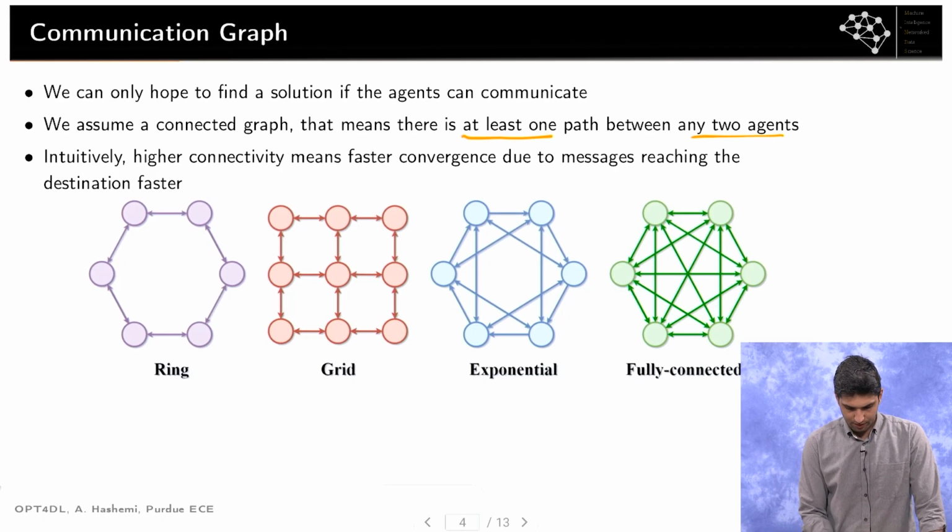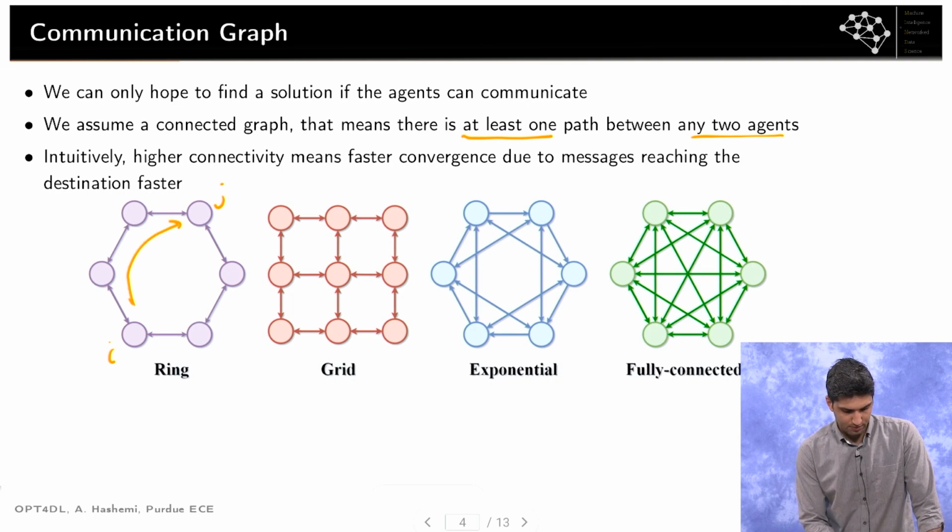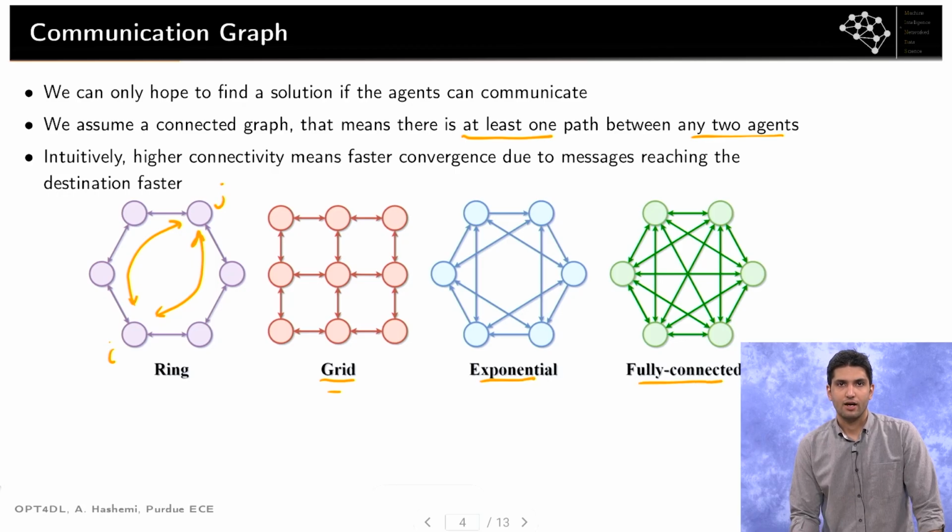All of these graphs that I'm showing here are examples of connected graphs. For instance, in a ring, if this is agent i and this is agent j, they are not directly connected, but there is one path here, and there is another path between the two agents. Similarly in the grid graph, exponential graph, as well as the fully connected graph, there is at least one path between the agents.